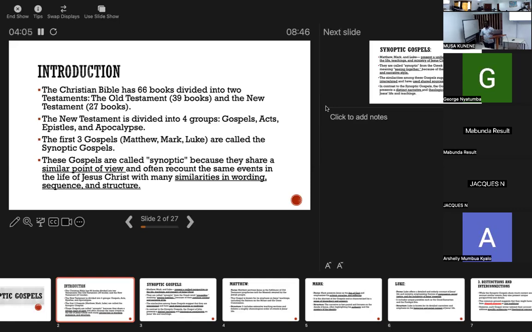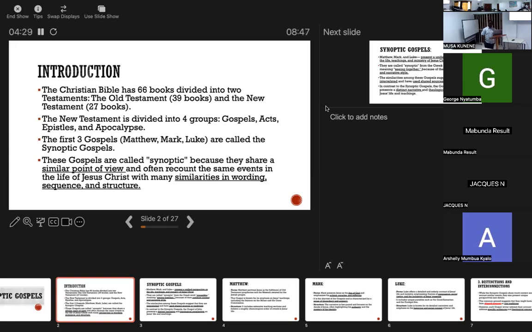Now, this class pertains to the Gospels, but of the four Gospels, this class is concerned with only three, which we call the Synoptic Gospels. And these three are Matthew, Mark, and Luke.